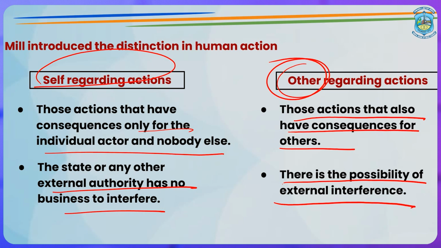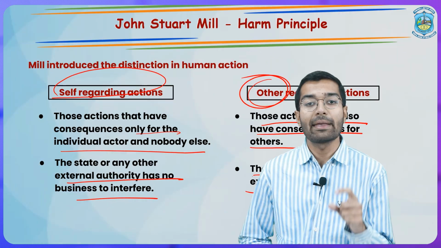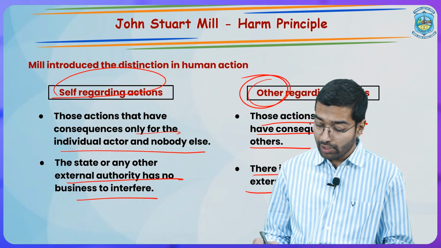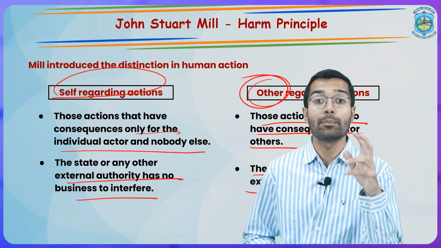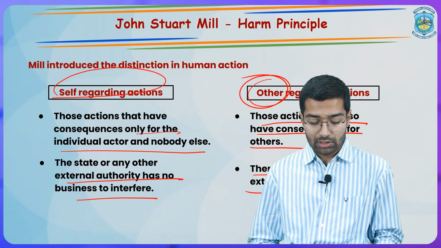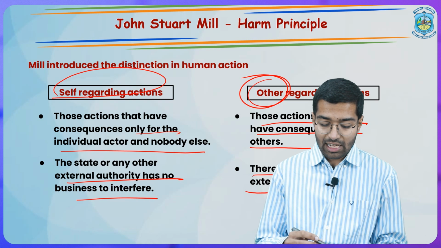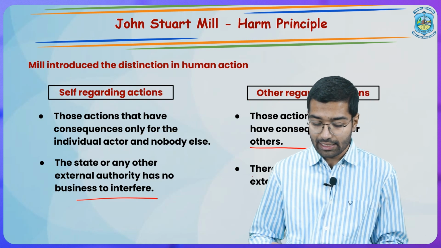When you are interacting with society, when you are harming them, then the government will interfere, come up with a law and try to constrain your liberty, because here you are not only impacting yourself, but also impacting another person's life. So this is the distinction between self-regarding action and other-regarding action.